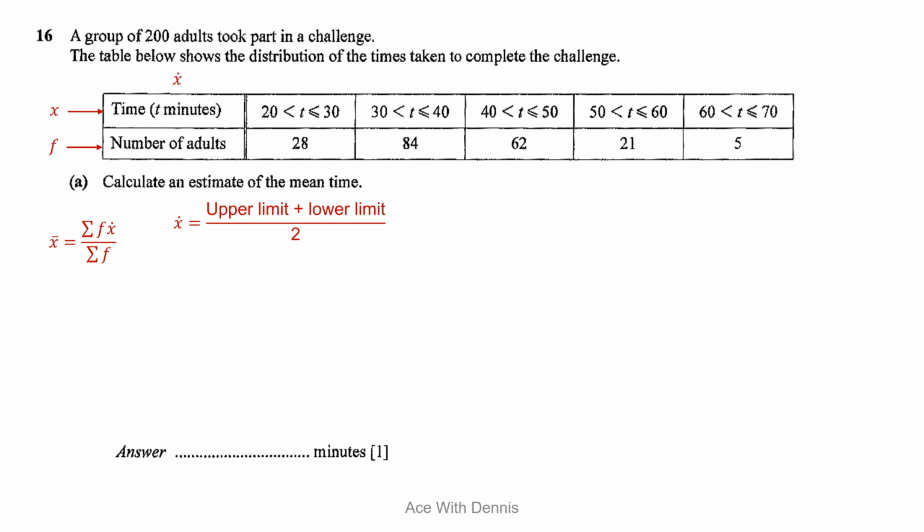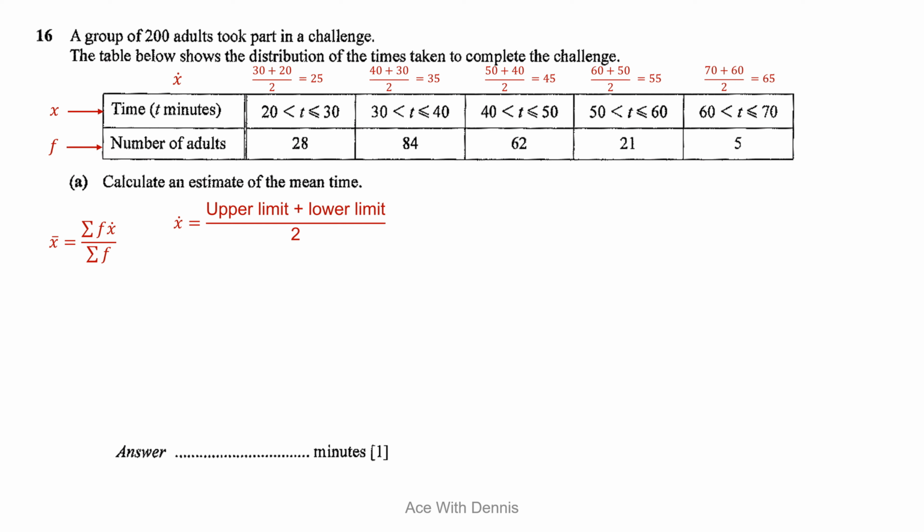For the first class, it will be 30 plus 20 divided by 2, and we'll get 25. We repeat the same process for the second class, and we'll get 35. The third class will get 45. The fourth class is 55, and the last class is 65.